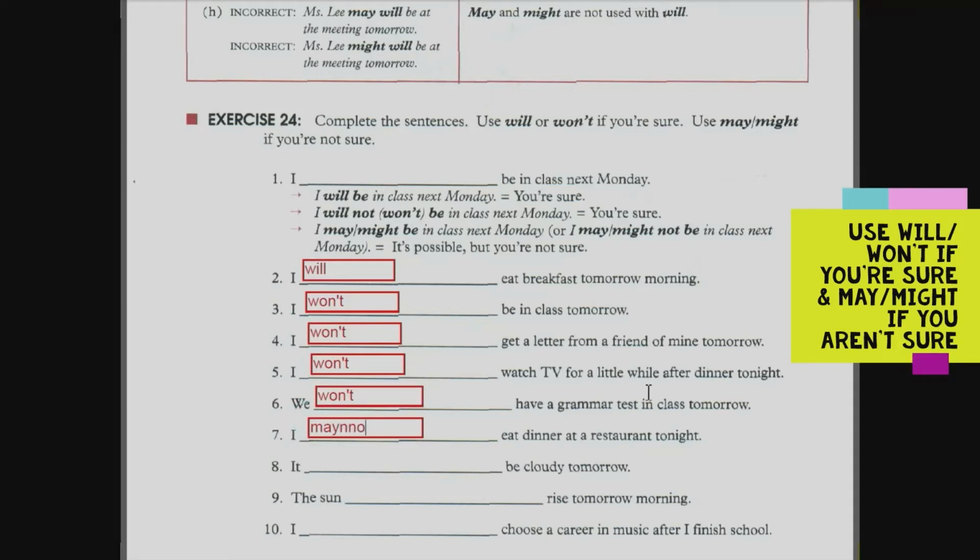Eat dinner at the restaurant tonight. I may not, or I may. May not and may are almost the same, but it is our preference whether it is for sure or not for sure. I may not eat dinner at the restaurant tonight. Be cloudy tomorrow. It may not be cloudy tomorrow.